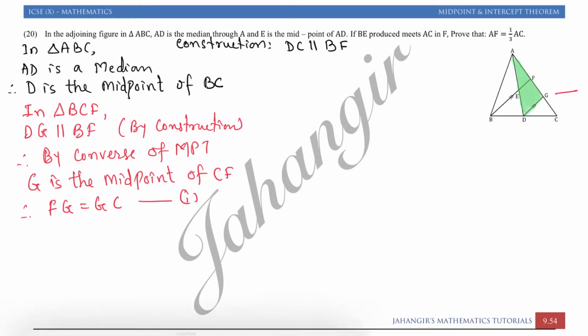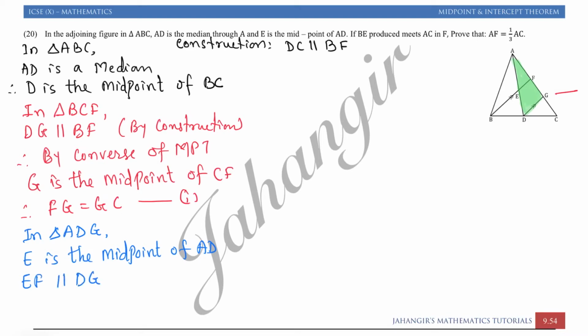We can take this triangle. In triangle ADG, we have E is the midpoint of AD. We have EF parallel to DG.